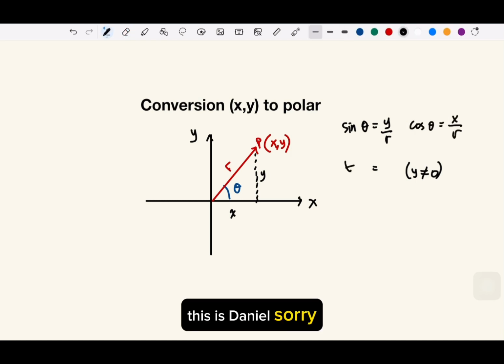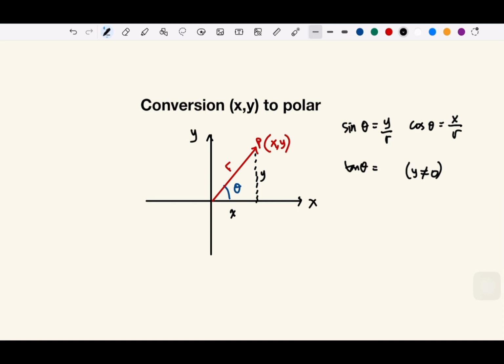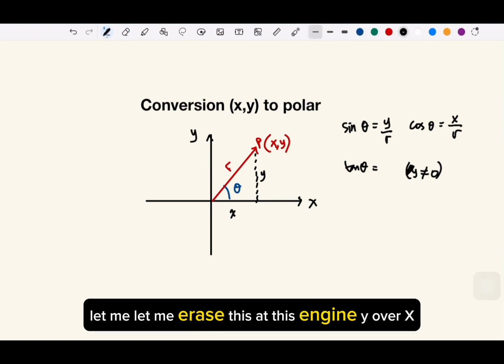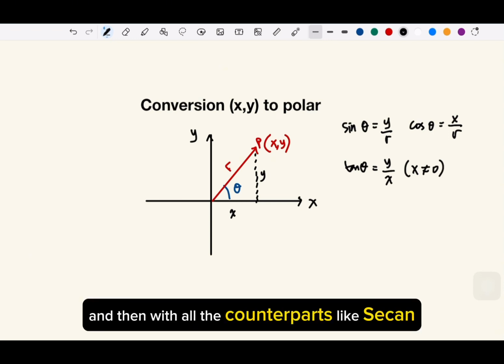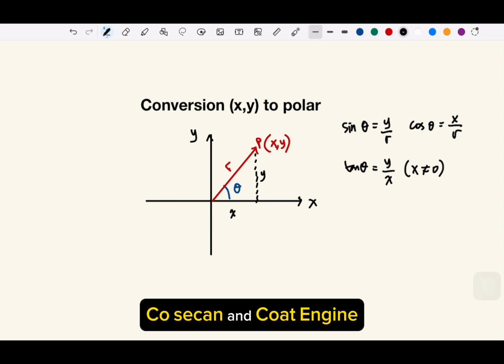And this is tangent, that is y over x, where x is not 0. And then we have all the counterparts like secant, cosecant, and cotangent.